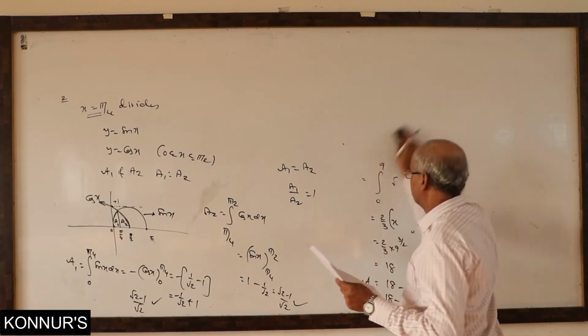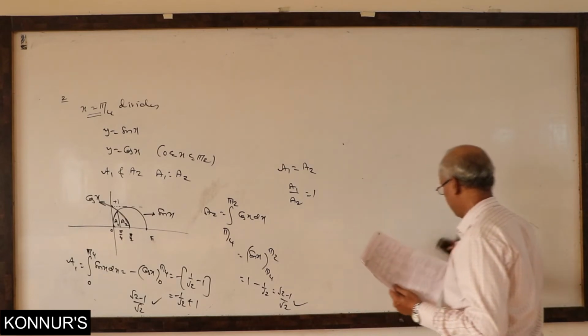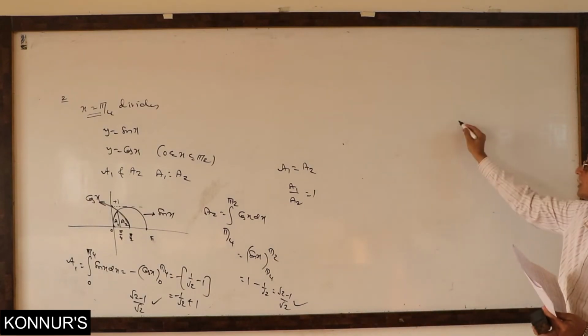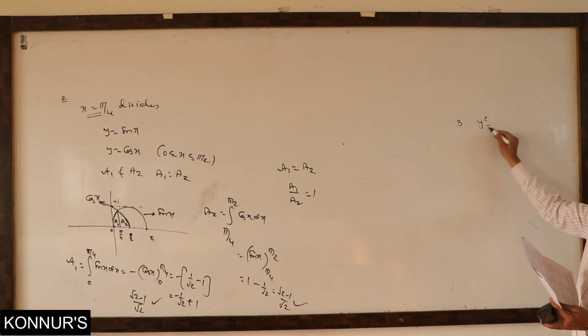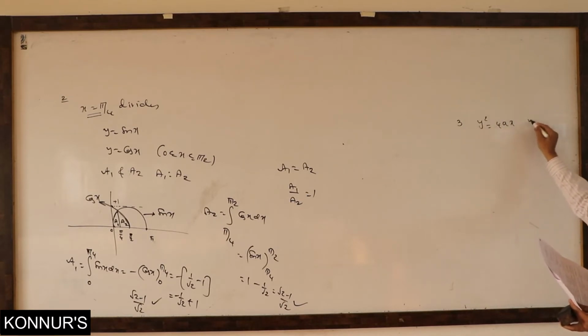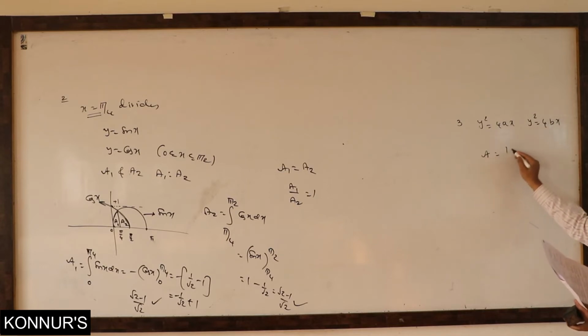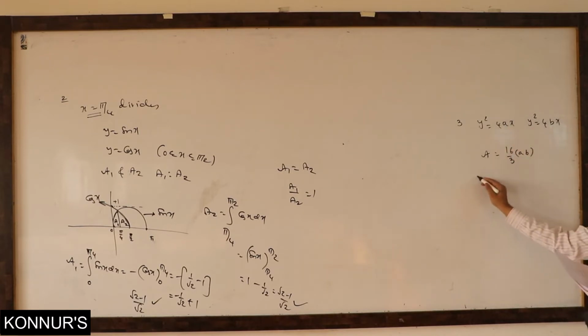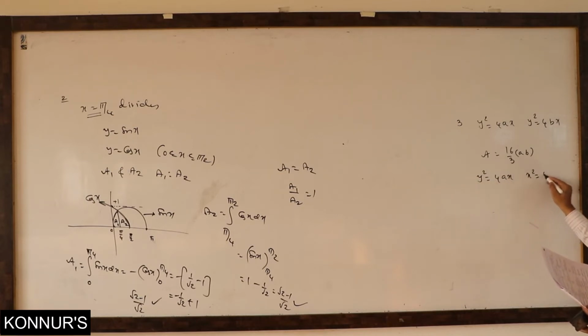Third problem, I gave a straight away result. Between two parabolas, what is the answer? The formula: for y square equal to 4ax and x square equal to 4by, the area between both parabolas is equal to 16 by 3 into ab. If a and b are equal, then the area is 16 by 3 a square.